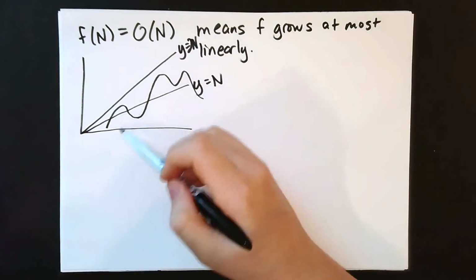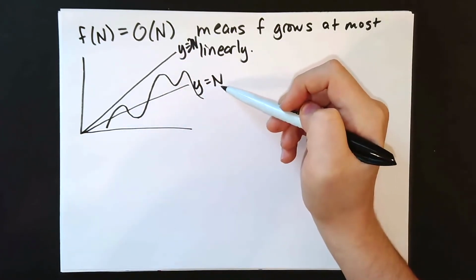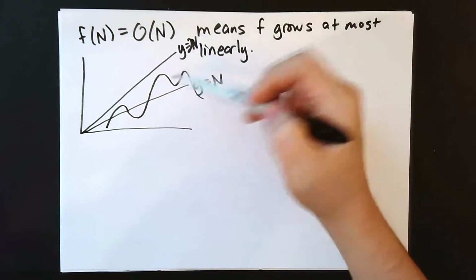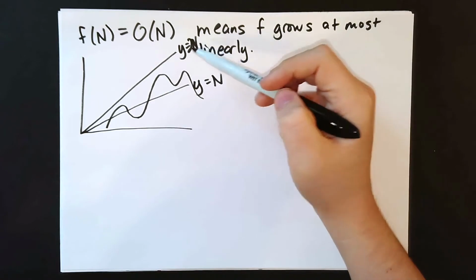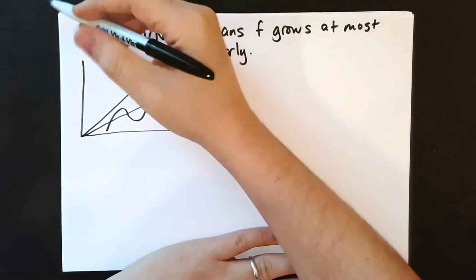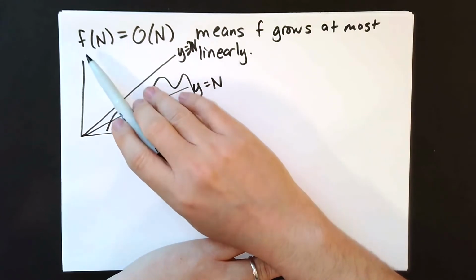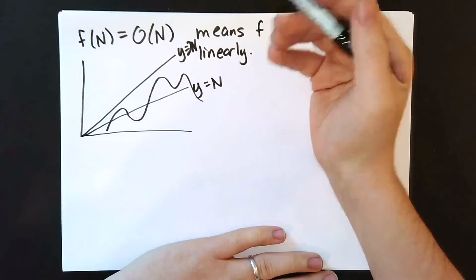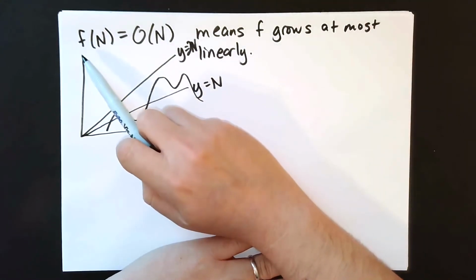This function is often bigger than n, but it's always smaller, at least in the window that we can see, than 2 times n. And so what's really useful about this notation is I don't need to understand the exact number of steps that go into an algorithm when I want to talk about the running time. I only need to be able to give it very, very roughly.